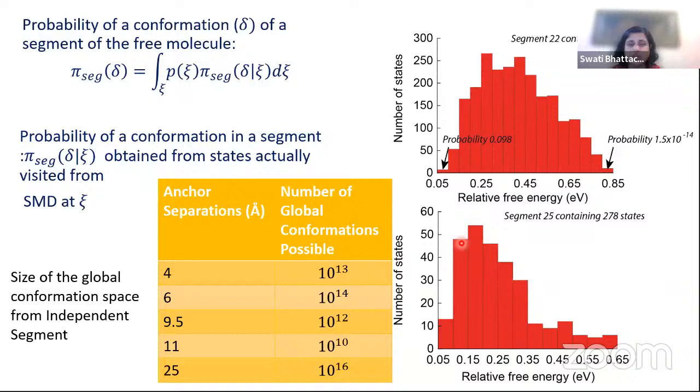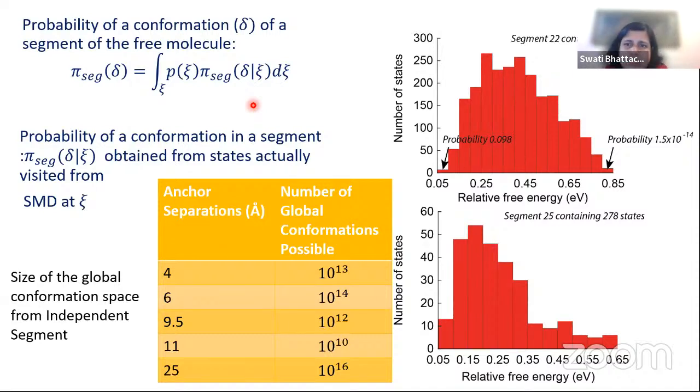We can focus on the conformations of segments in a free molecule and assign probabilities, and the equation to do that is the same. It has the same parts. There's this P of xi that comes from the probability of the separation of the anchors. There's the other component over here. But now that I have set up our approach, let us look at some numbers.